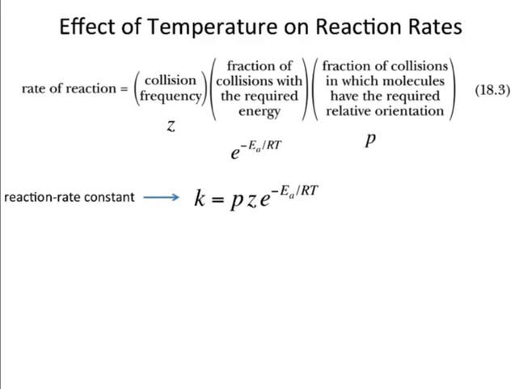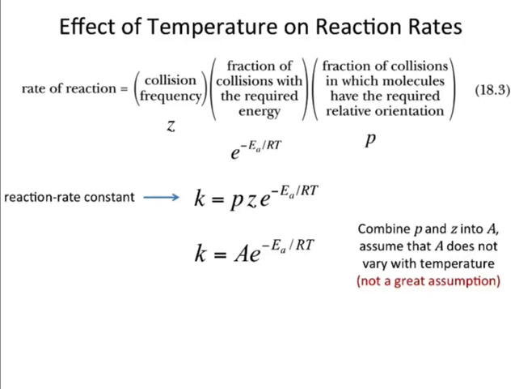So we can put this all together. The reaction rate constant is equal to these things multiplied by each other. Then we usually just group P and Z together because there's not an experimental way to tell them apart, so we group them into one constant, A. We generally assume that this constant doesn't vary with temperature, which is actually not a great assumption, but one that we tend to make a lot, especially in the Gen Chem context.